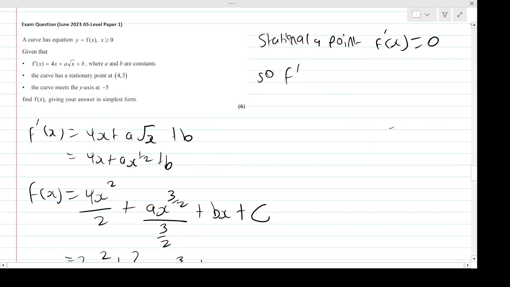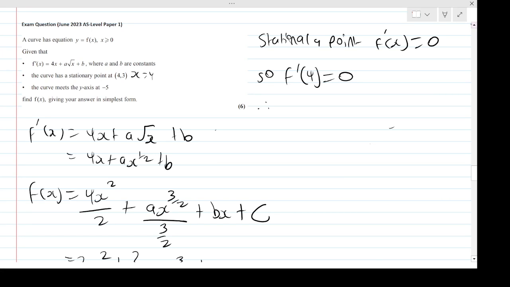So f dash of x, but what x is it? The point is (4, 3), so x is equal to 4. If we plug 4 into my derivative, it has to equal 0.